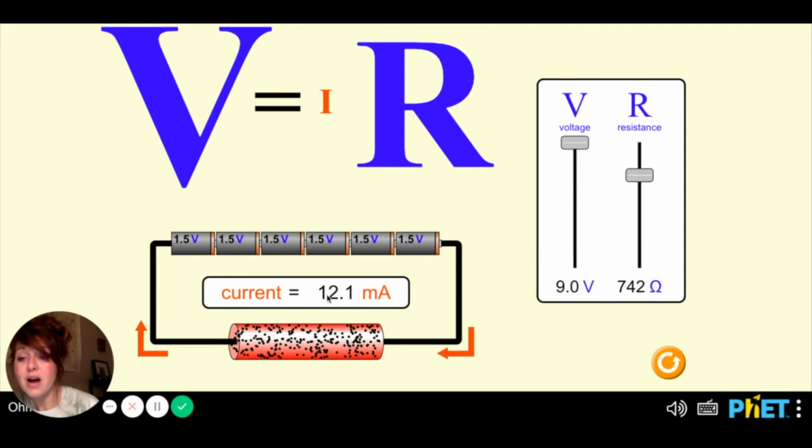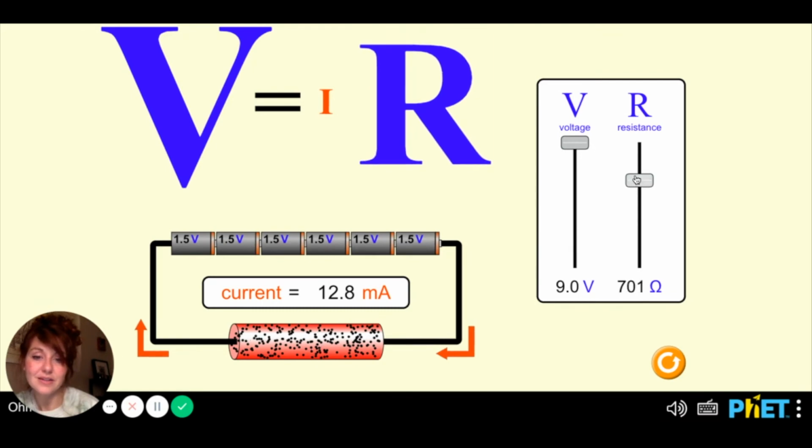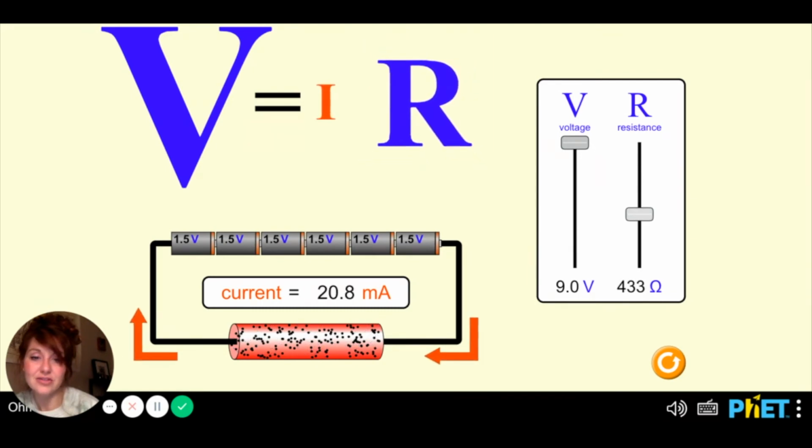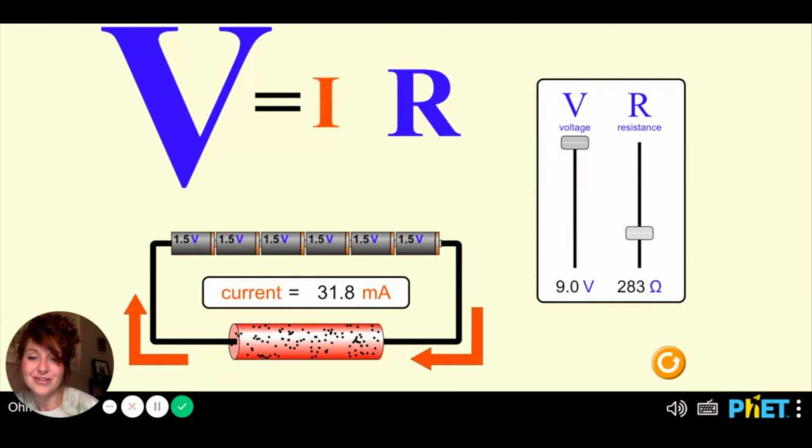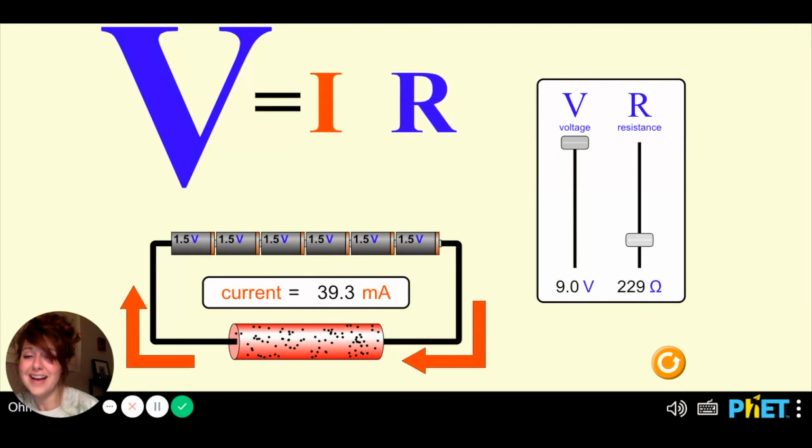And I can move it down. Now I'm getting into 12. Remember, our current that we solved for was actually 0.039 amps, and when we converted it to milliamps, that was 39. So let's go ahead and try and get it onto 39. Got it.